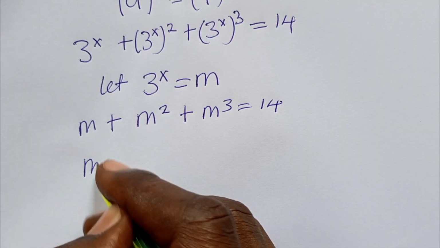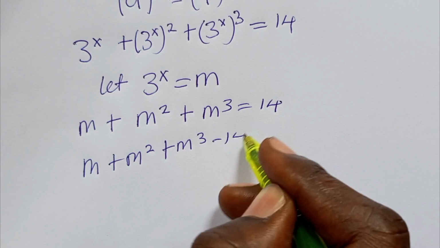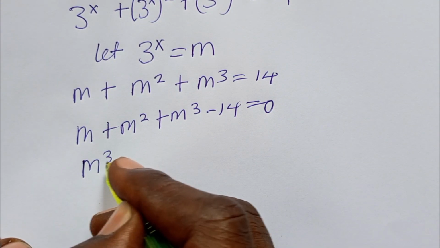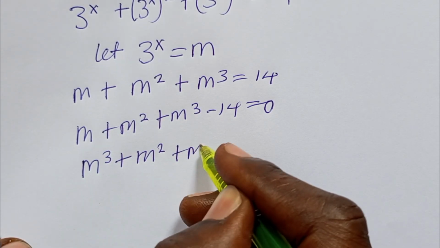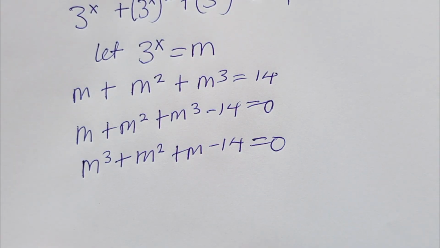So that we can have m plus m squared plus m cubed minus 14 equals 0. And we can write it as m cubed plus m squared plus m minus 14 equals 0. So we want to look for the value of m. Let's try to know our factors, so that we can represent this in such a way that we can factor out what is common.